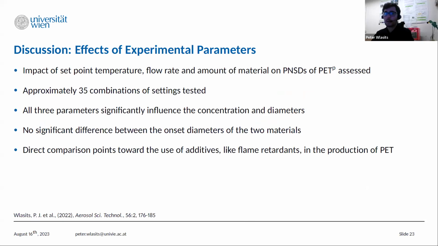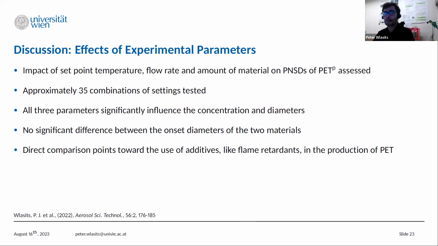So with that, I want to summarize the second part of the results. That was the effects of the experimental parameters. So we assessed the impact of the set point temperature, the tube furnace flow rate, and the amount of material on the particle number size distributions of higher purity PET.